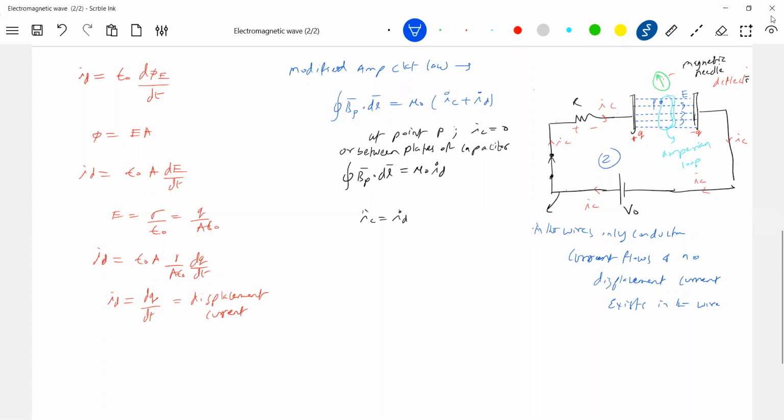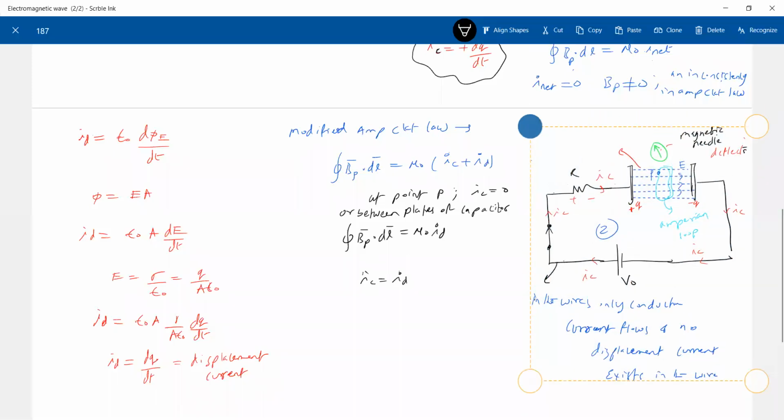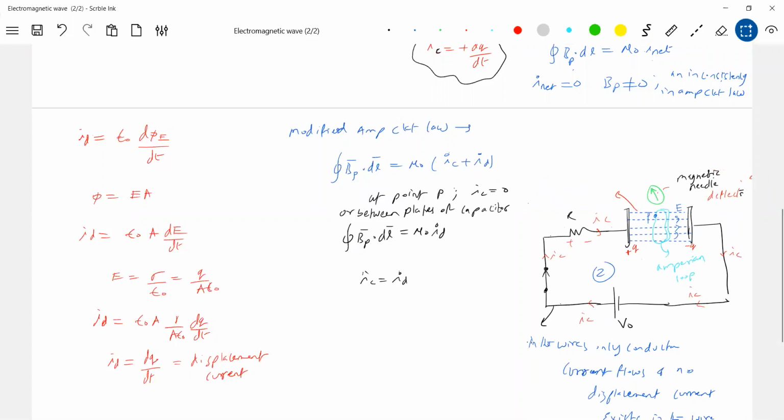Now, what about here? What is the comment we have to put at this particular point? No conduction current, only displacement current exists between the plates where the electric field exists. I think this is the one thing which I had to put in a very systematic way. So don't think that displacement current is there everywhere.